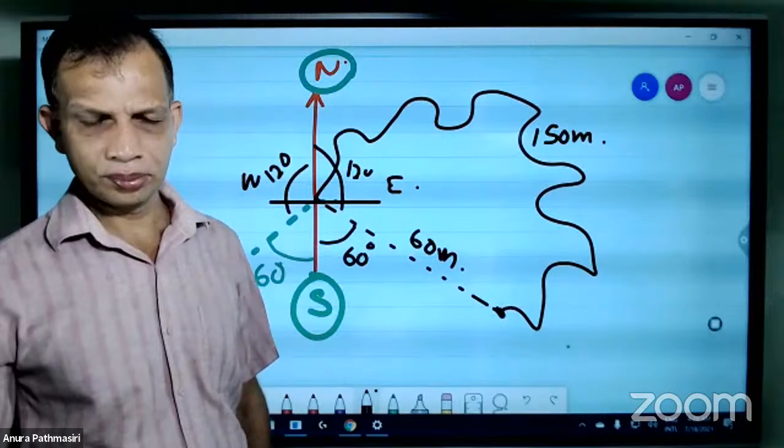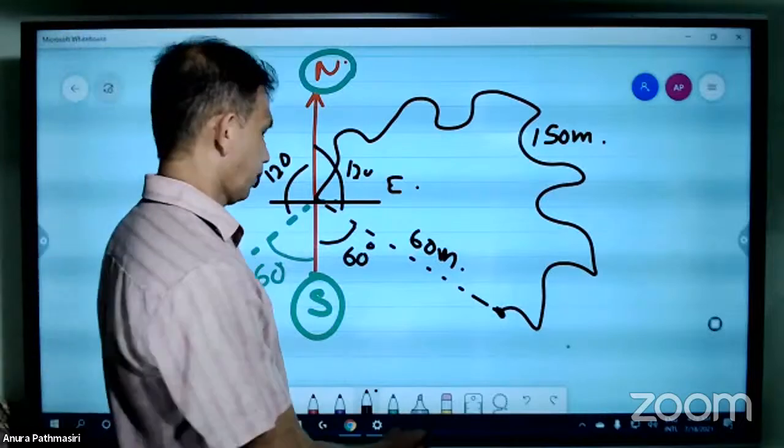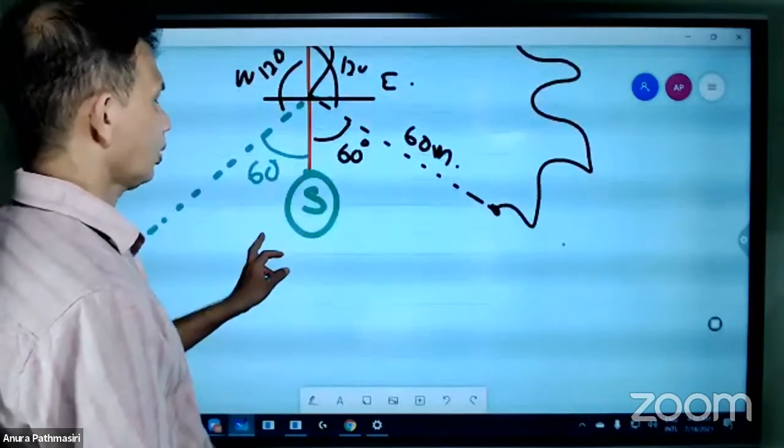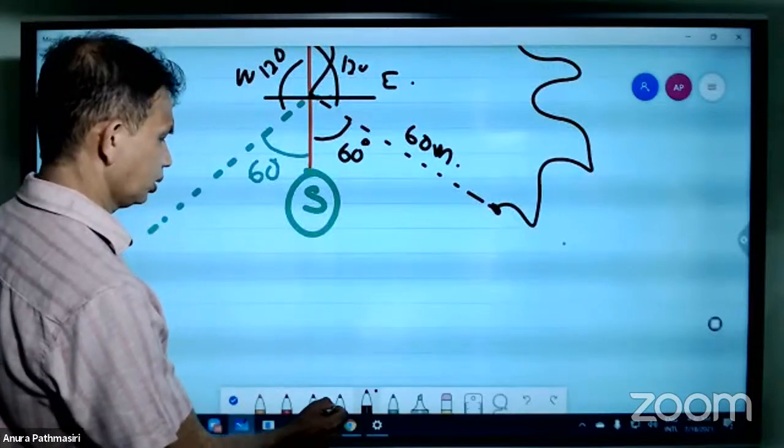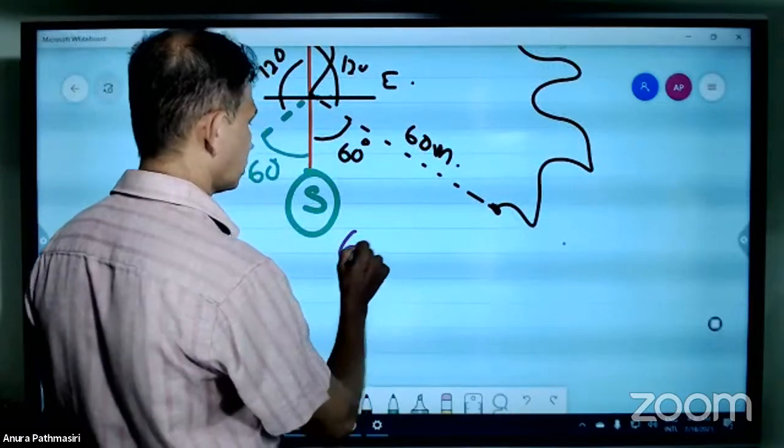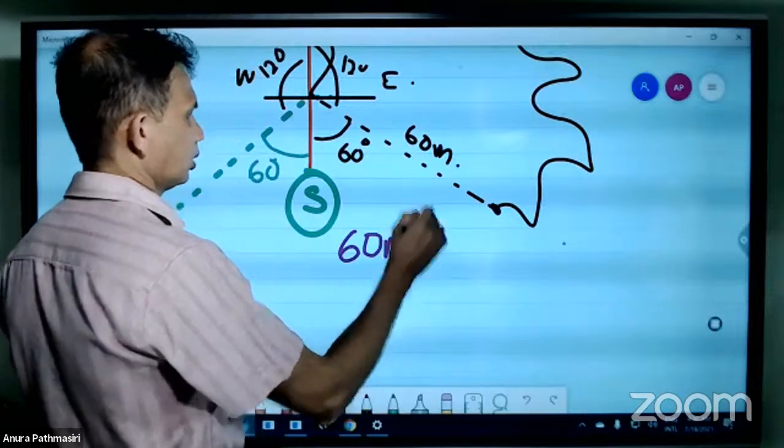So first you mention the magnitude. First it is the magnitude, and that is 60 meters, right?